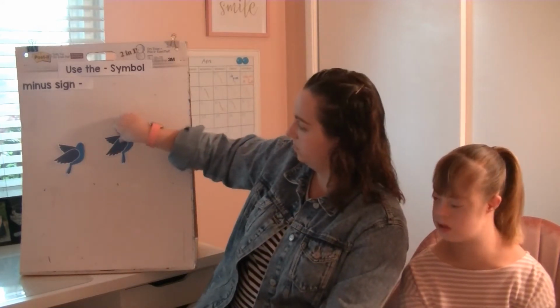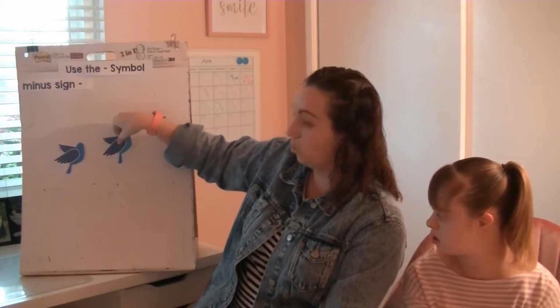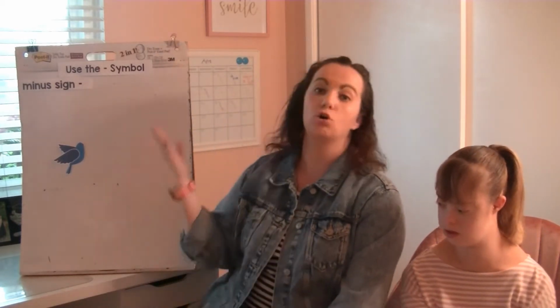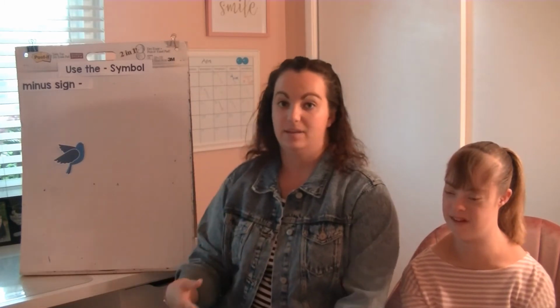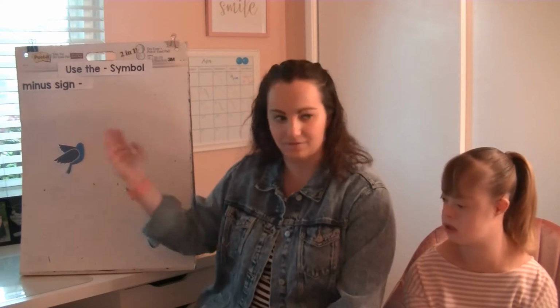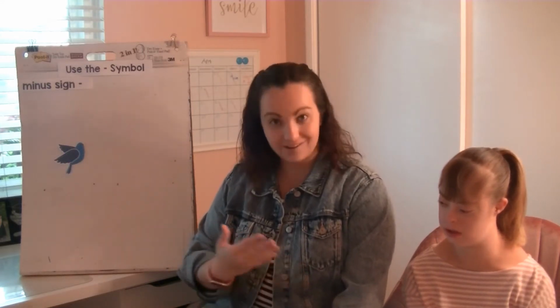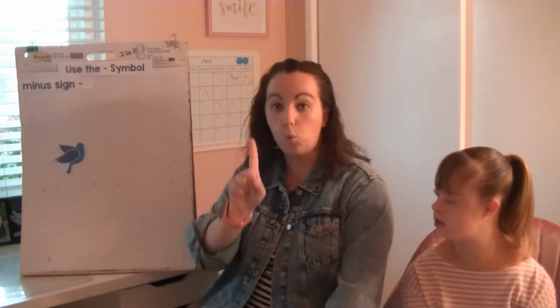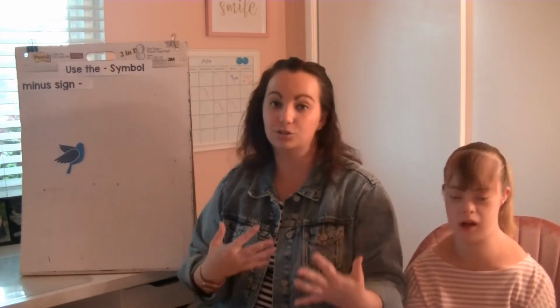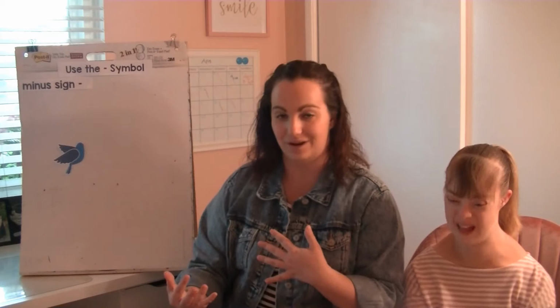So here, one bird flies away or goes away. Then subtraction is about how many are left. Very good, Kaylee. There's only one bird left. That was like our subtraction stories last week, okay?